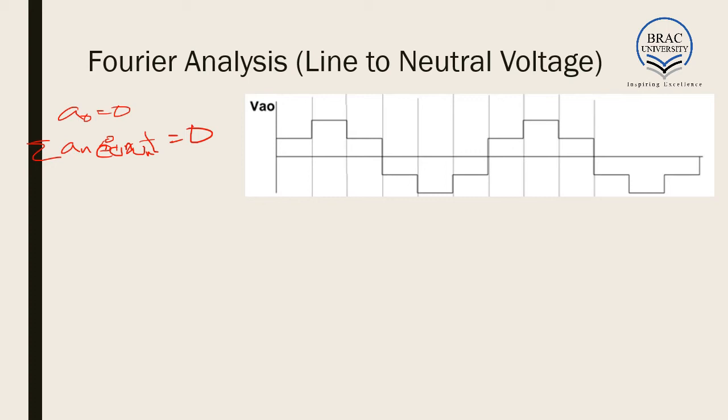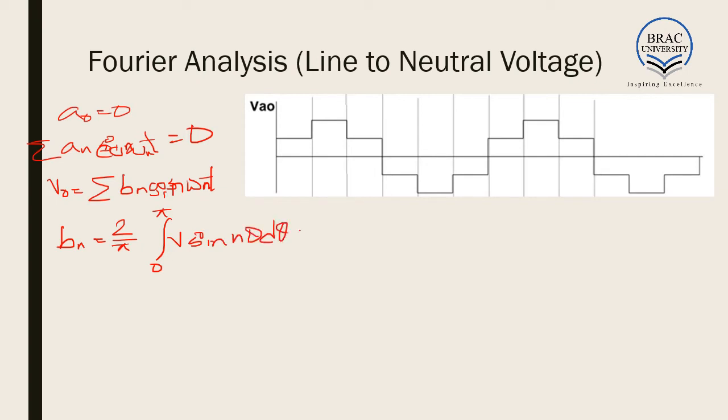So the only component in the output would be the summation of Vn sin n omega t. Now Vn, as we have learned, is 2 by pi times the integration from 0 to pi of V sin n theta d theta.